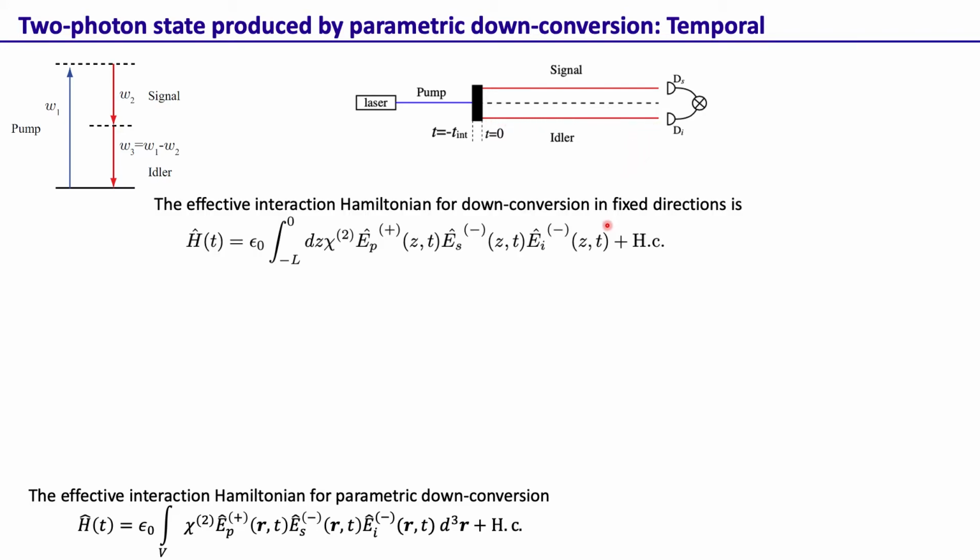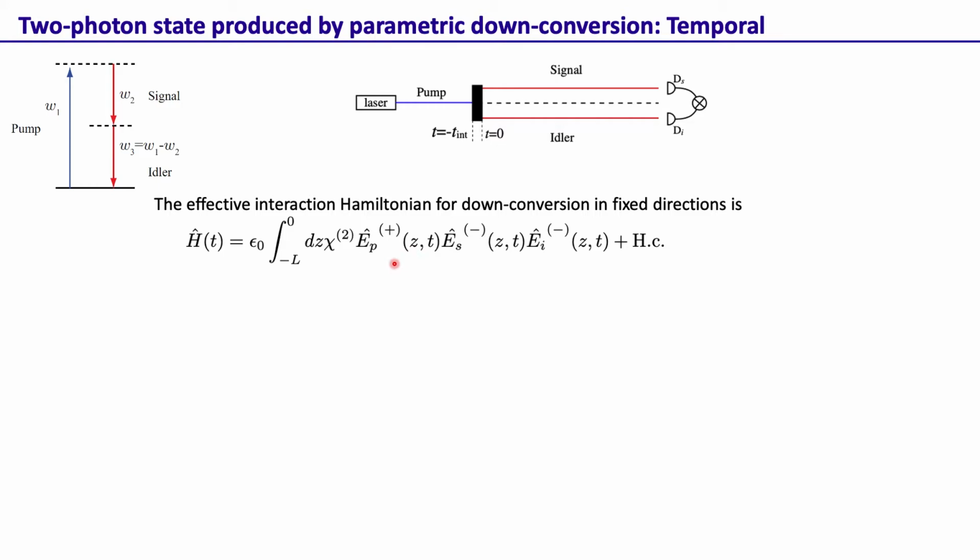With that, this effective interaction Hamiltonian can be written as this one-dimensional integral over z. And when we do the generic problem, we will use this generic expression. So for the down conversion process in which the photons come out in fixed directions, that becomes the effective interaction Hamiltonian.